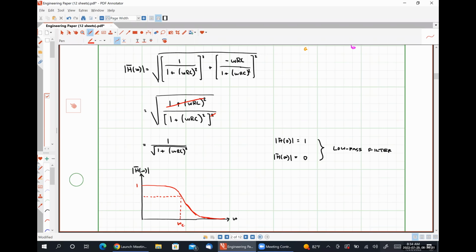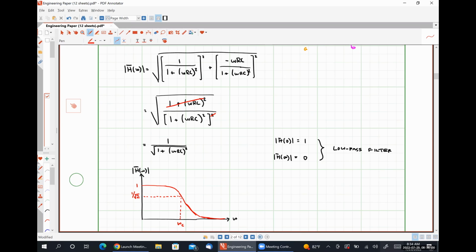So omega C will occur when our magnitude has a value of 1 over the square root of 2. This is what's called our half power frequency, also known as our minus 3 dB frequency.